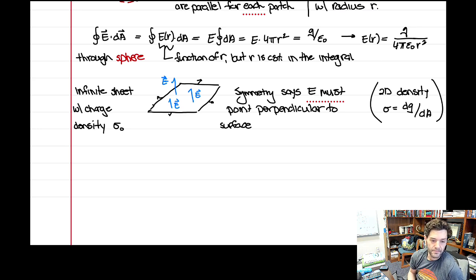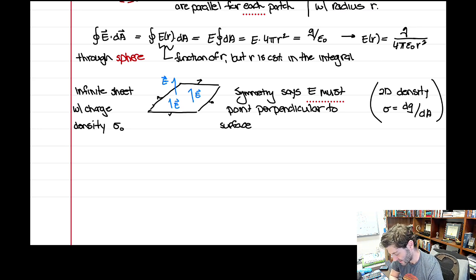And so therefore, if it's going to depend on any variable, the only variable it's allowed to depend on is how far away it is, this perpendicular distance away from the sheet. Because if it depended on little x, little y, and little z, that might not look the same if I were to rotate the sheet.